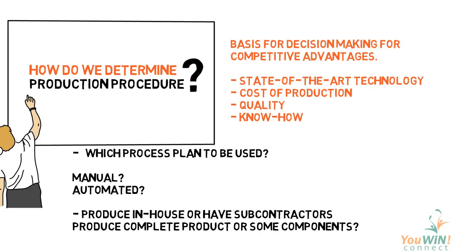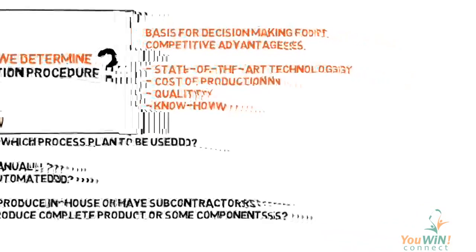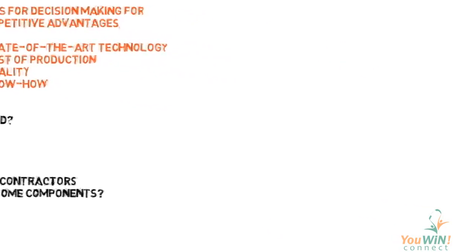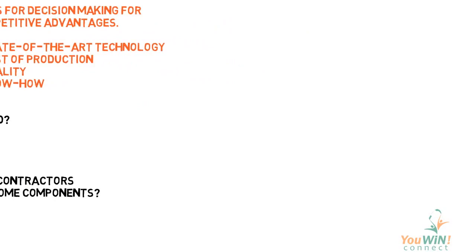So can we give out some parts of it and then keep the ones that we are better at? What kind of people do we have? What expertise do we have in-house to produce? These are the basis for us to make decisions in order for us to be able to work best with our competitive advantage.